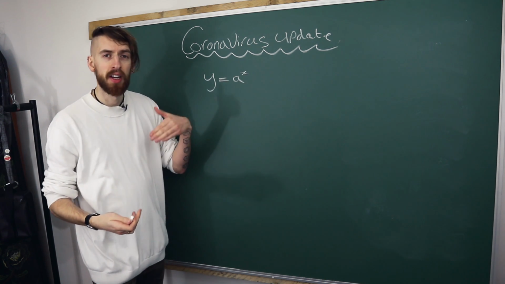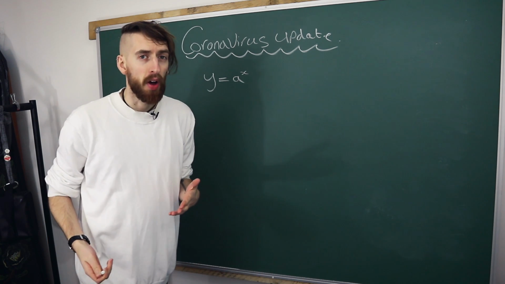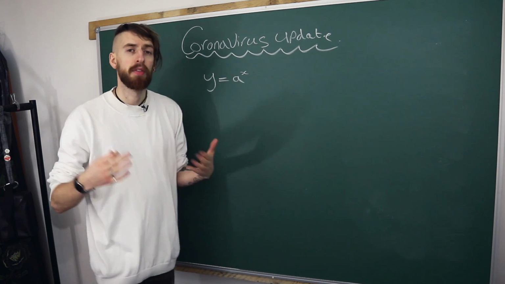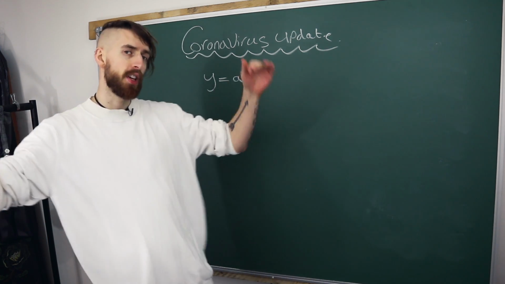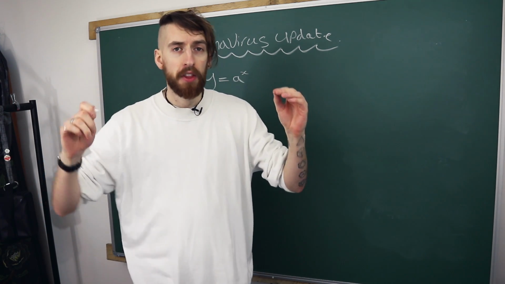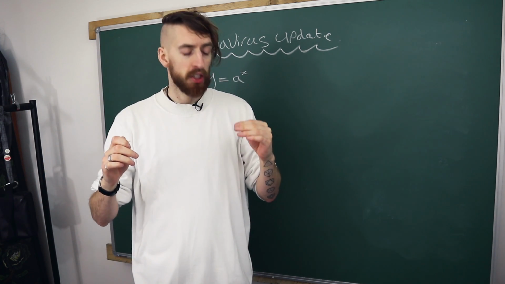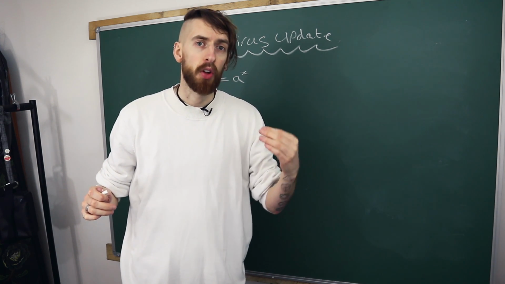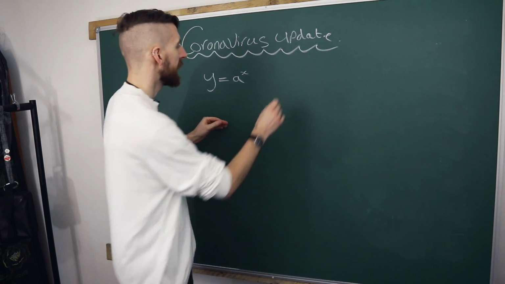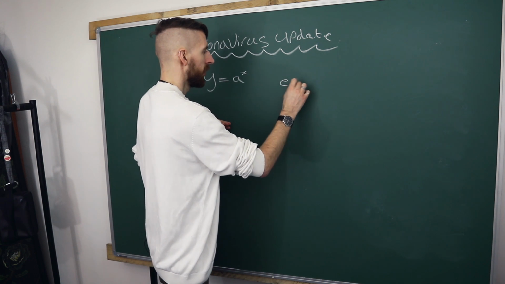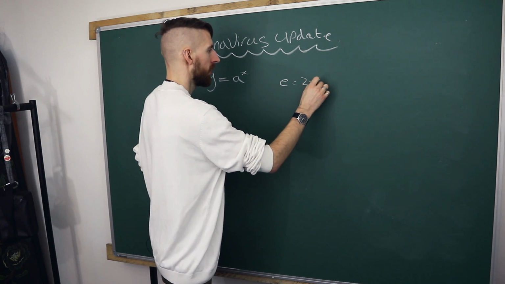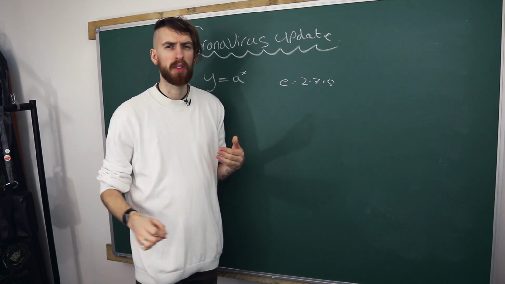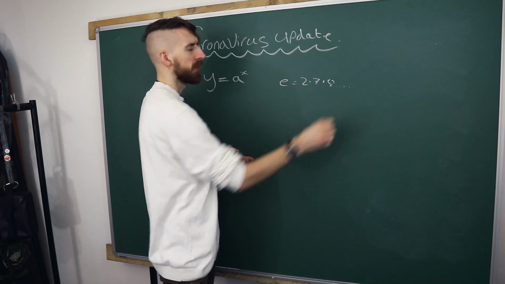A is any number. The interesting thing about exponentials is that they are very natural. They're a naturally occurring thing. And there's this number, which is a natural number, called Euler's number, and it's e. 2.718 something.